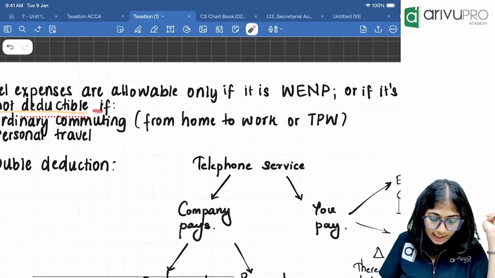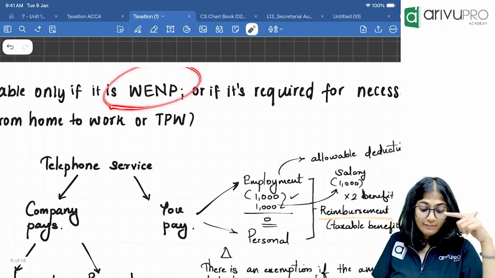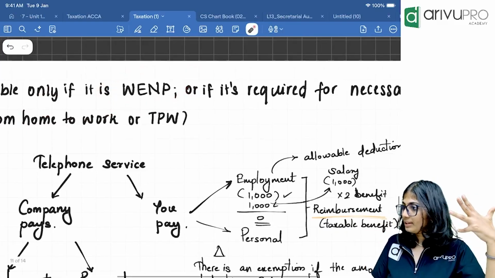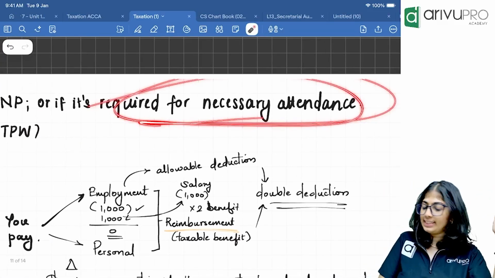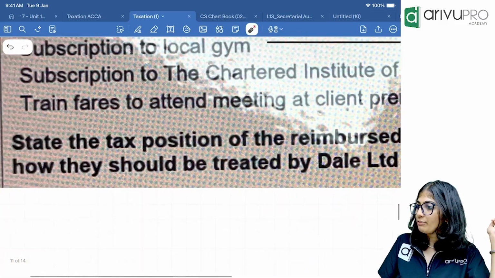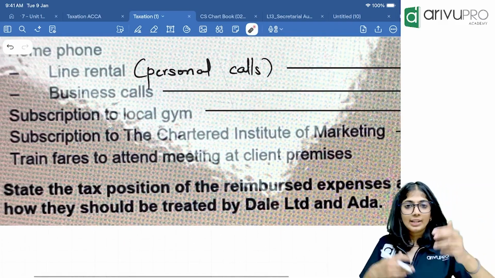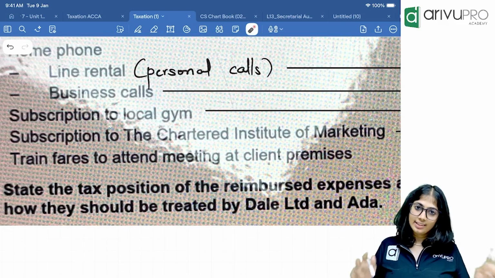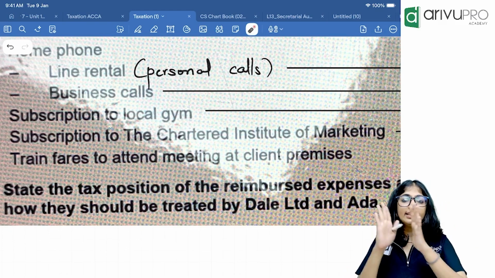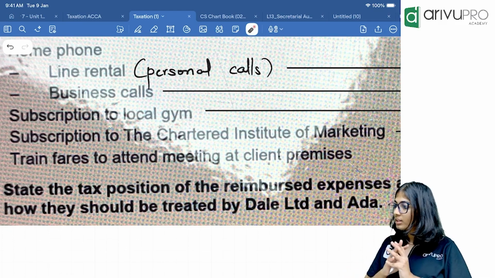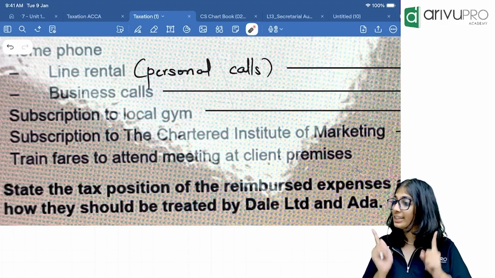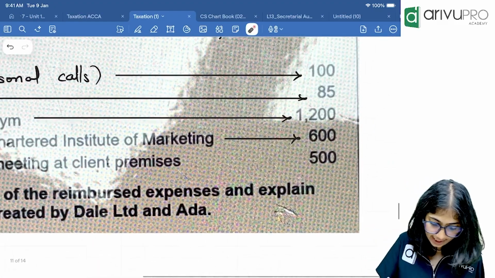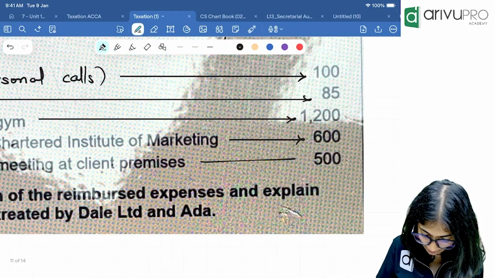They are only allowable if it's wholly, exclusively and necessarily incurred, or required for necessary attendance. Is this required for necessary attendance? Yes. In order to meet with the client, they incurred certain travel expenses. This is relevant to your business. Had you taken the train to go to Kodaikanal for a nice little vacation, that is not deductible. So this is 500 pounds.